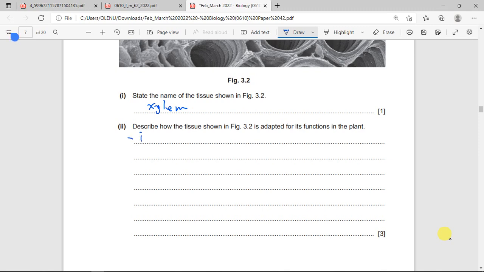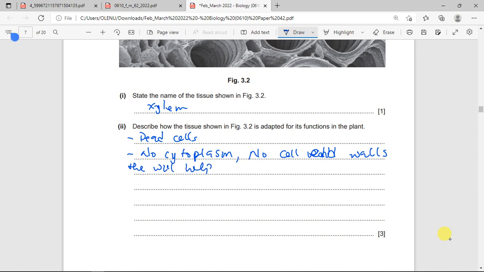Now they said describe how the tissue is adapted for its function. First, it's made up of dead cells. If it's dead cells, obviously there is no cytoplasm, no cell walls, no end walls, sorry, no end walls. This helps to avoid resistance to water movement.